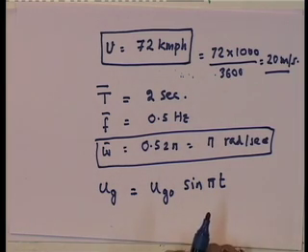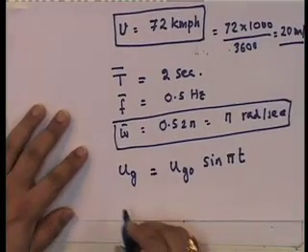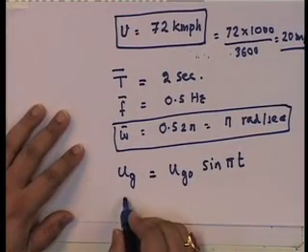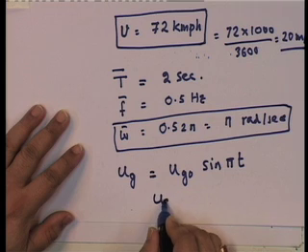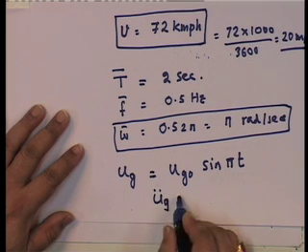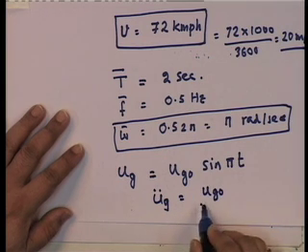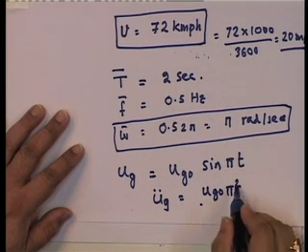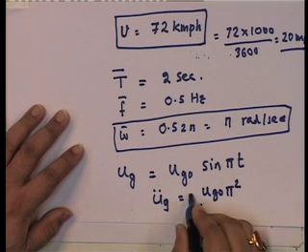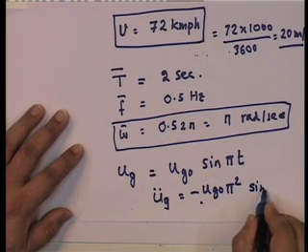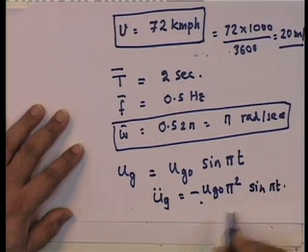Now, remember we were looking at acceleration. So, I have to find out the acceleration. What is the acceleration going to be equal to? We have gone through this many times, so I am just going to write it down. It is going to be UG0 pi squared minus sine pi t.